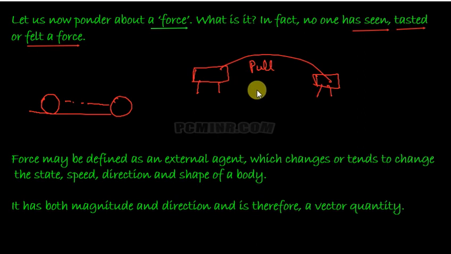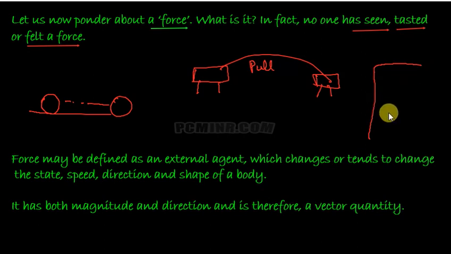So every time you feel you're applying a push or a pull, they tend to change the state of rest or of motion of a body. These things will change the speed, they can change the direction. Like if something is moving here and you apply force towards right, it starts going towards right, so you change the direction.